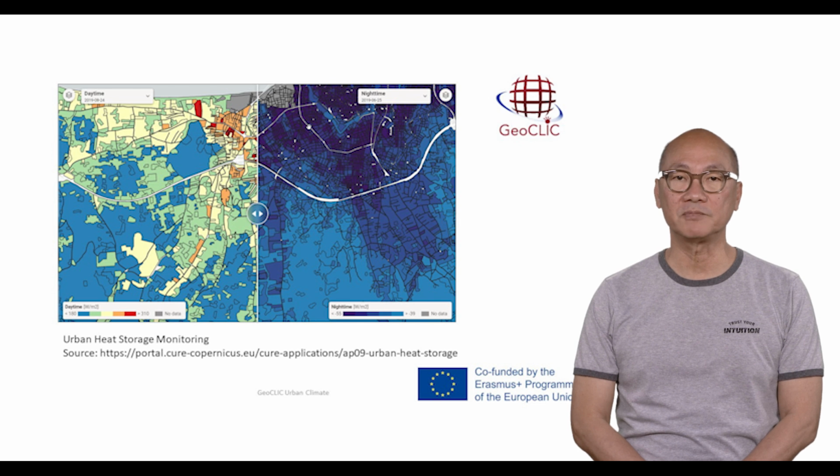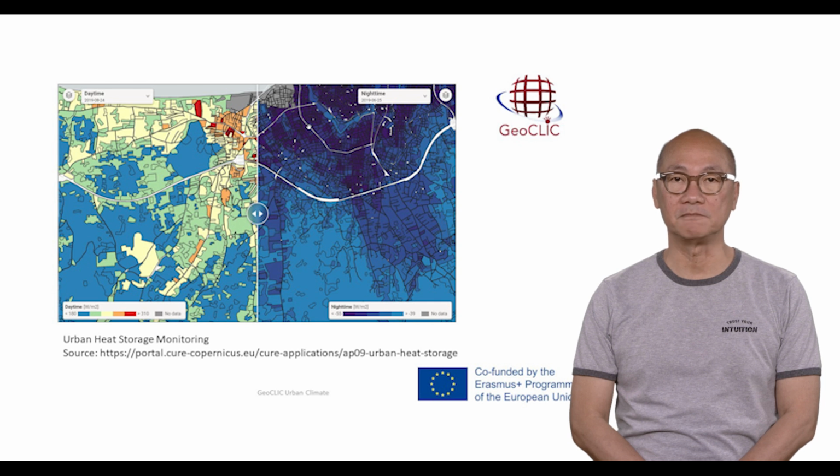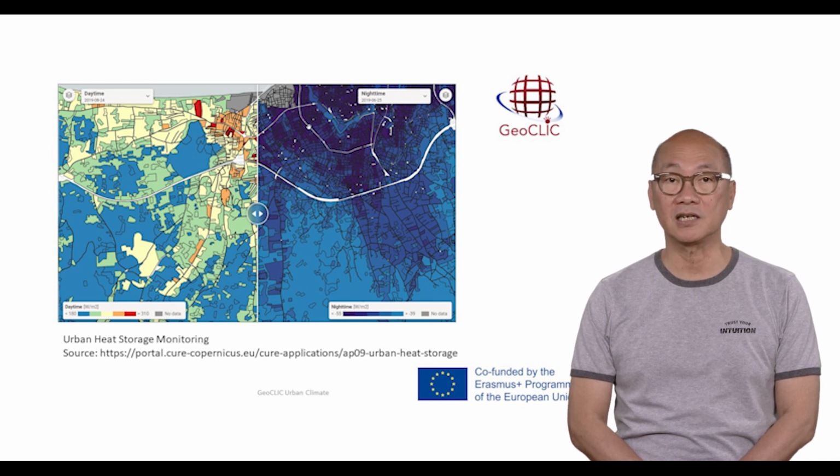The map values represent the rate of energy exchange between the atmosphere and the surface, with positive value indicating energy storage in urban surfaces, and negative value indicating energy release. For example, an area appearing with a value of 400 watts per meter square is storing energy at that time of satellite acquisition.